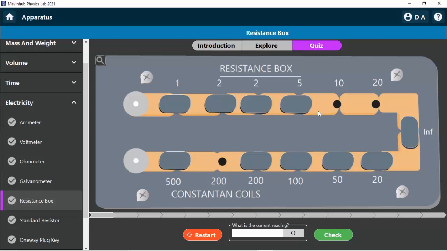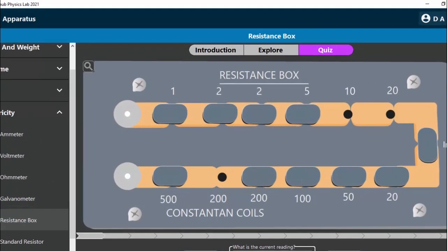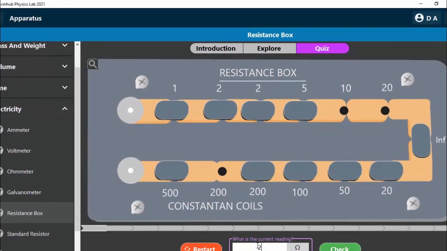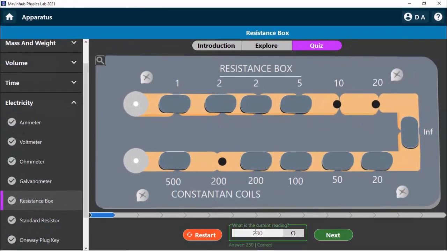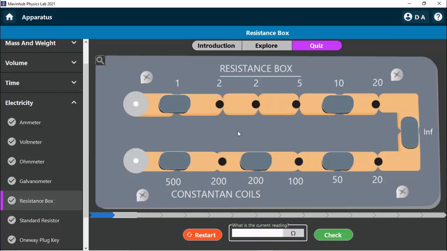So in this case, what is the resistance reading here? This is 200 plus 20 plus 10, and that is 230. So the next, let's go to next. What is the reading of this resistance box?